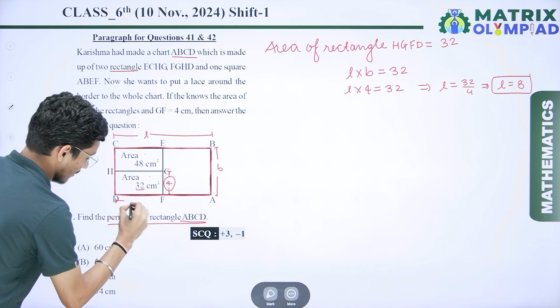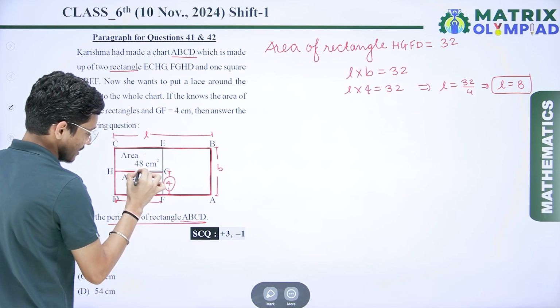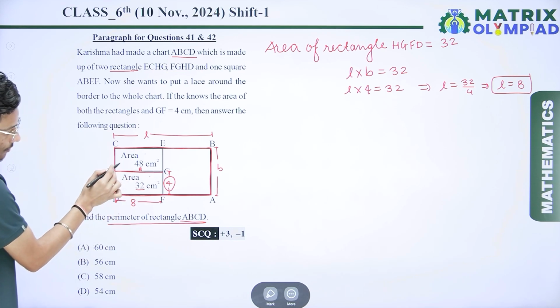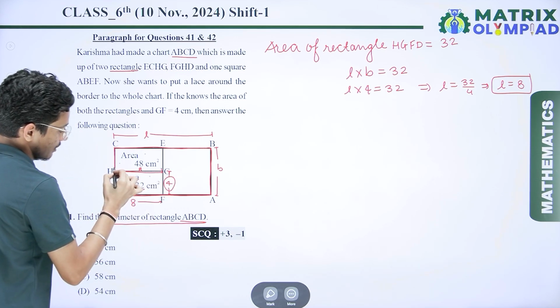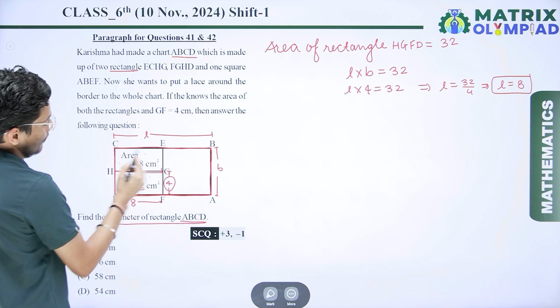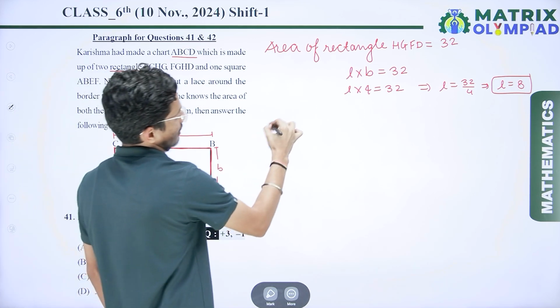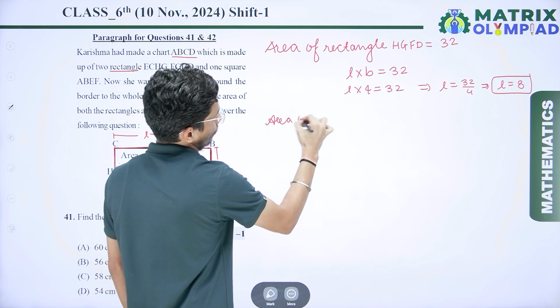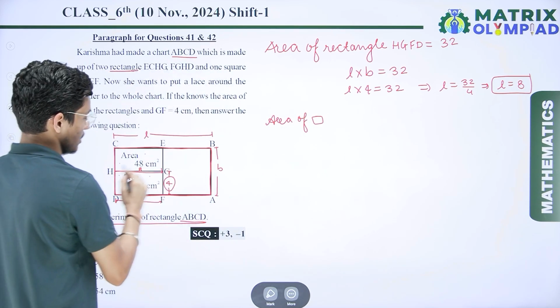So here we have length 8, and the length again of this one is 8, and we know in both rectangles 8 is a common length. So again we have been given the area of rectangle CEGH. So I can write here area of rectangle CEGH.